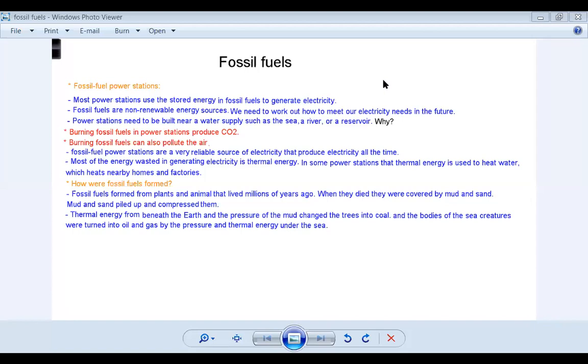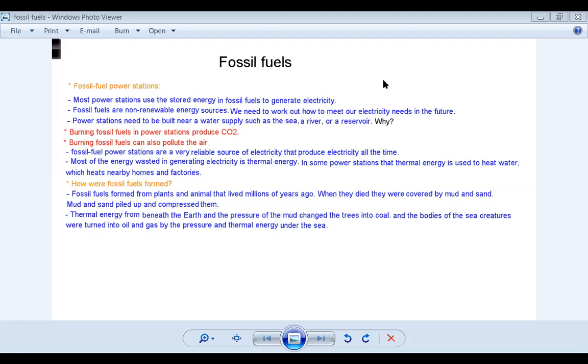Oxides of nitrogen come from traffic, from car engines, but the sulfur dioxide comes from factories and power stations. Okay, so that's why fossil fuels can pollute the air.